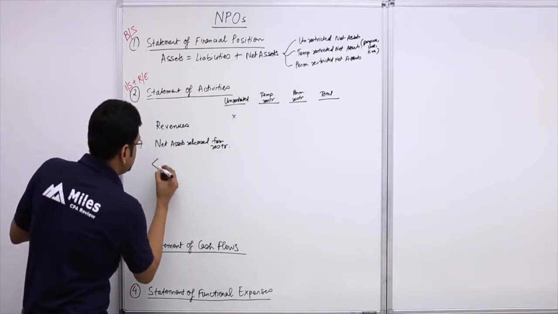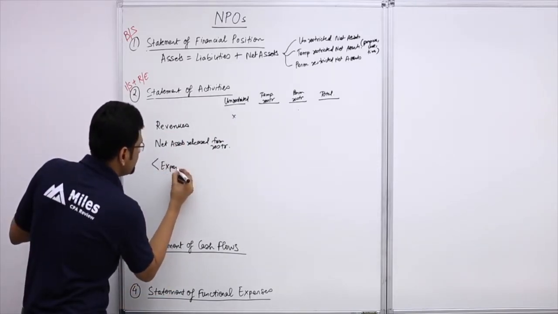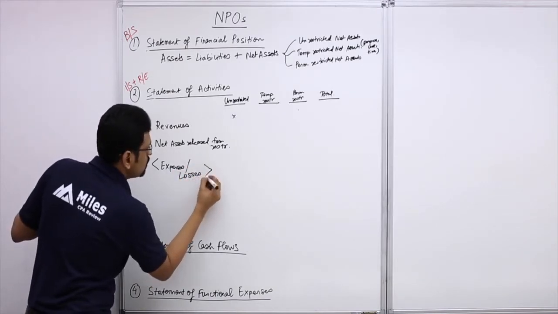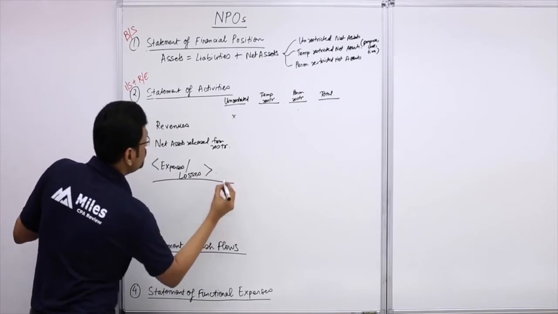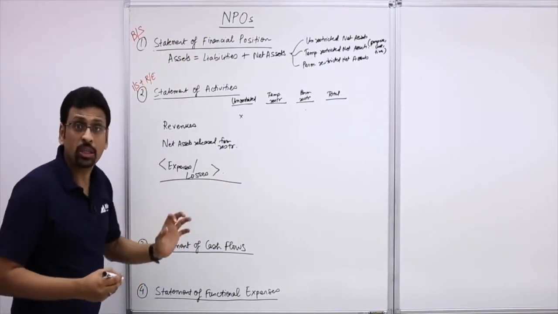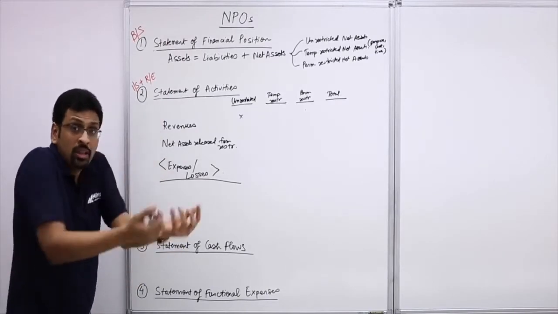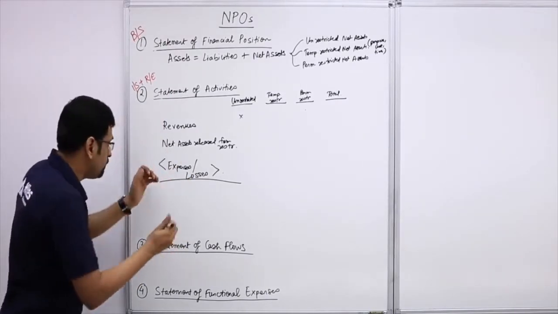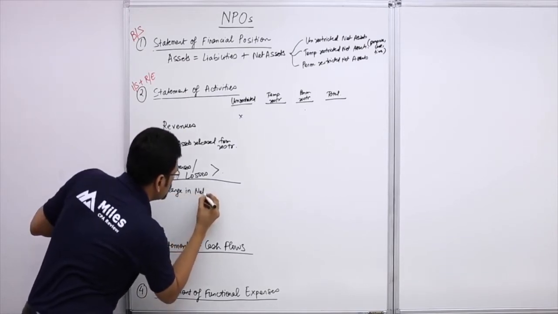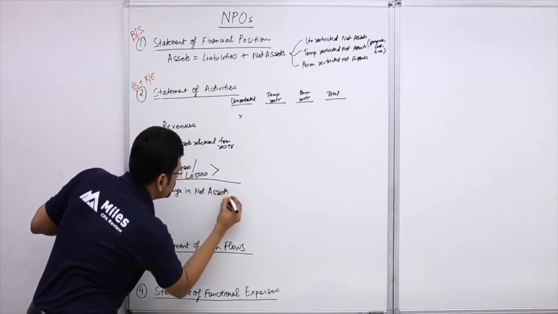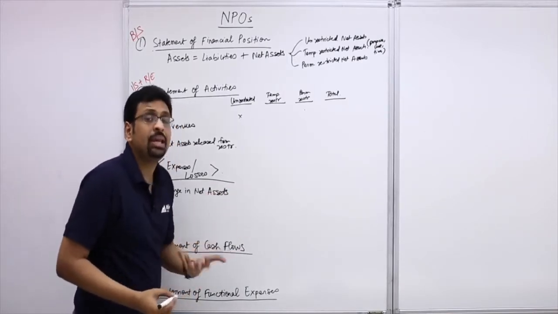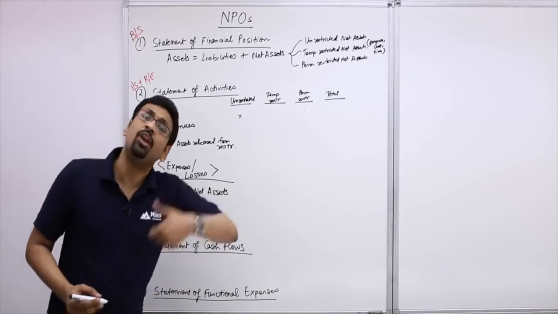Then you'll have expenses. So all expenses and losses. So all this would give you the change in net assets of the NPO during the year. So what's happened during the year? They've gotten money, they've spent out money. Change in net assets. Then what you do is you look at the beginning net assets or net assets at the end of last year.